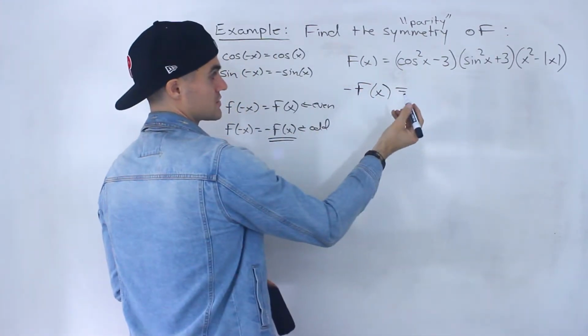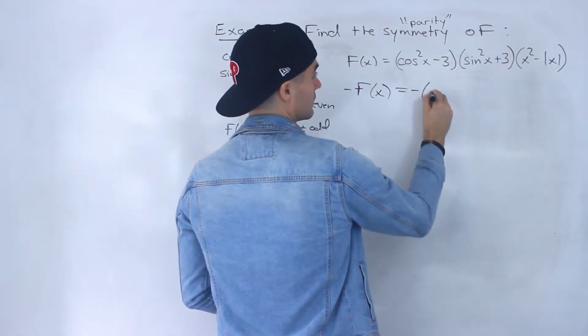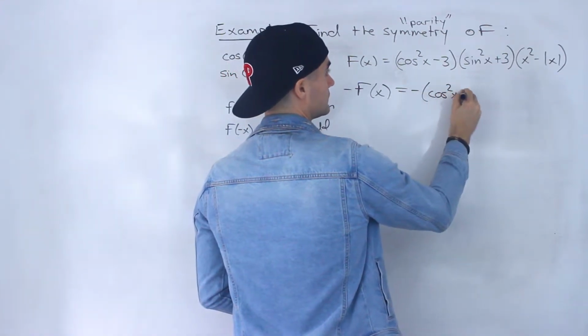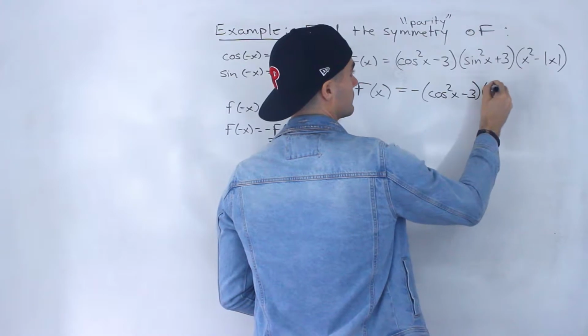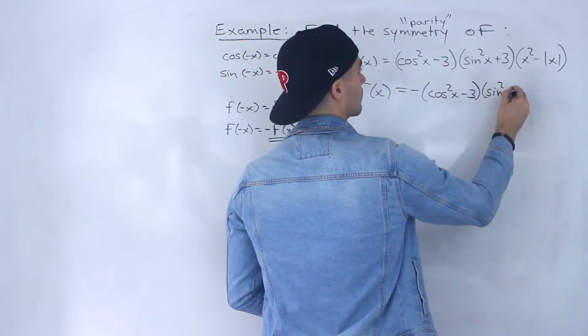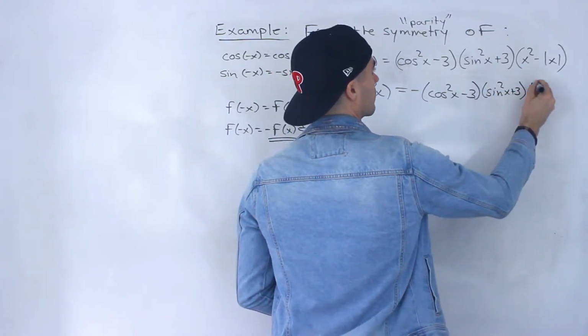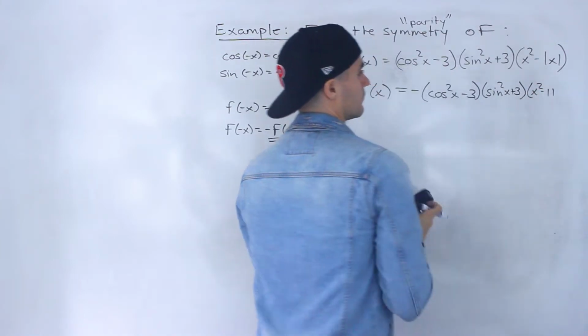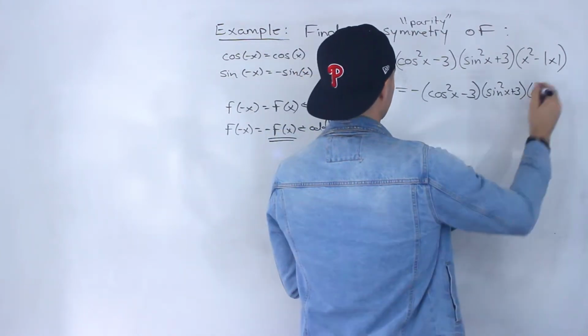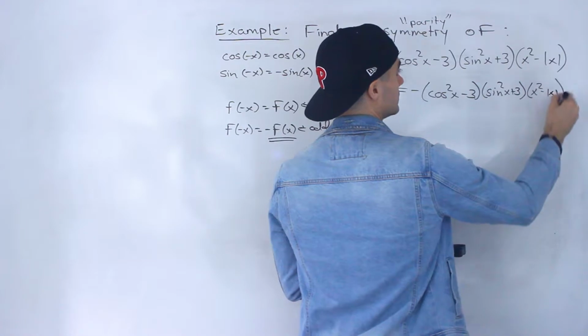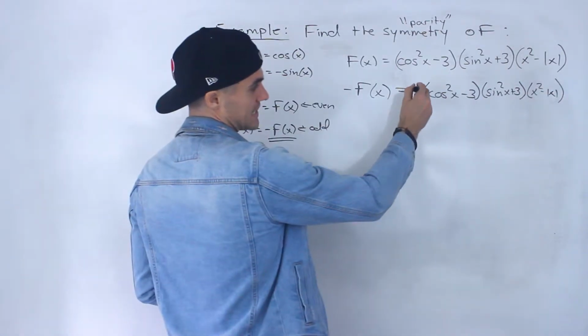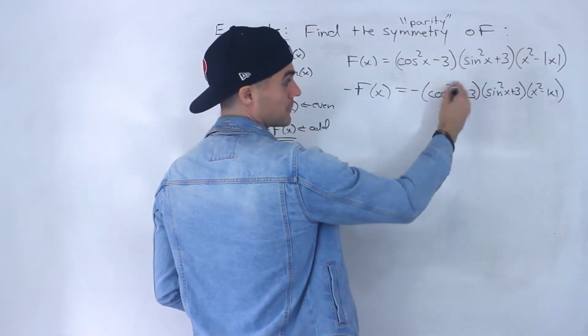Negative f of x is just simply, we could put a negative in front of everything. So that's what negative f of x is going to be. Another way is you can actually take this negative and distribute it maybe in this bracket.